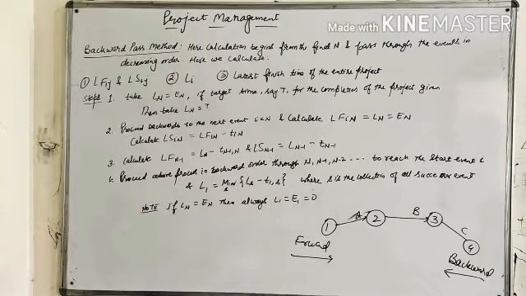So here we proceed in decreasing order of number from capital N, moving to the initial start event 1 of the network of the project.